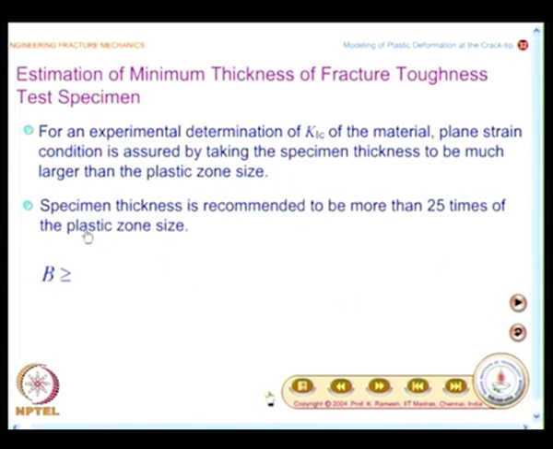And what is recommended is the specimen thickness should be more than 25 times of the plastic zone size. And in an expression form, it turns out to be B is greater than or equal to 25 into 1 by 3 pi multiplied by (K1C by sigma ys) whole square. If you recall, this was the plastic zone size in plane strain by Irwin's model.